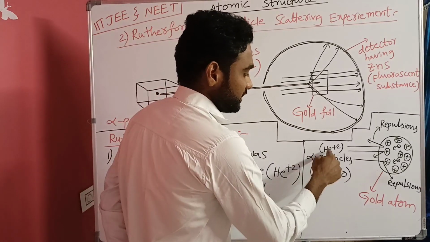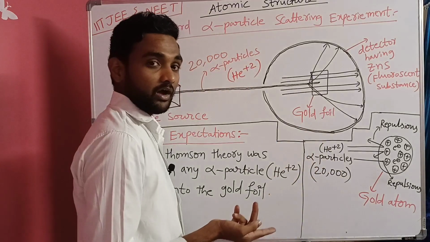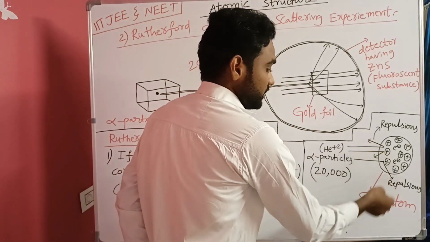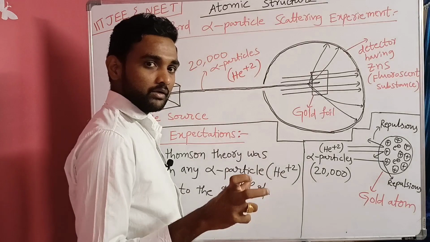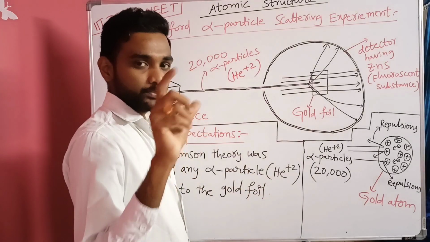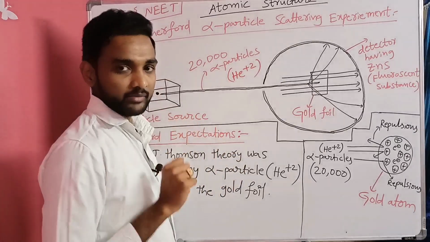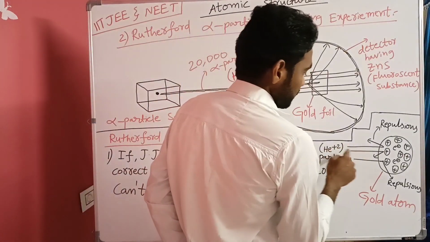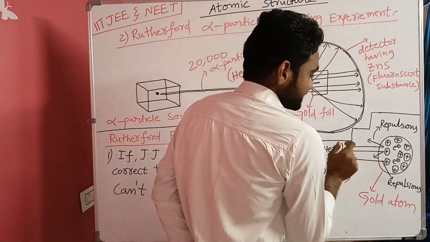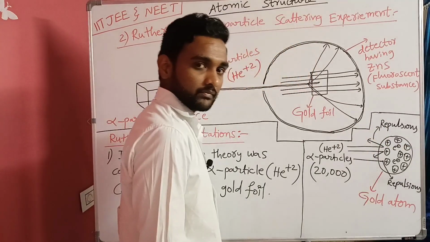Now Rutherford is sending 20,000 alpha particles onto the gold foil. A foil is a small piece, and inside it so many gold atoms are there. Now these 20,000 alpha particles are sent onto the gold atoms.